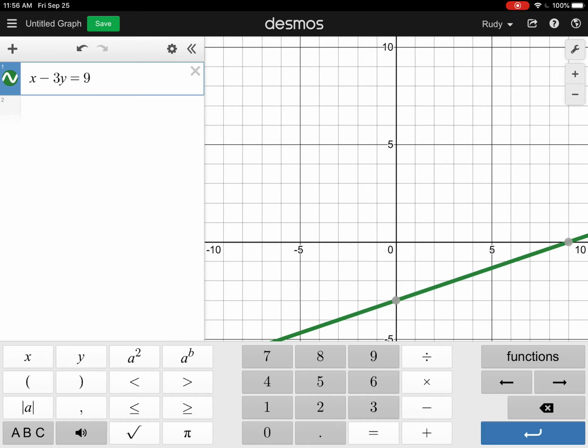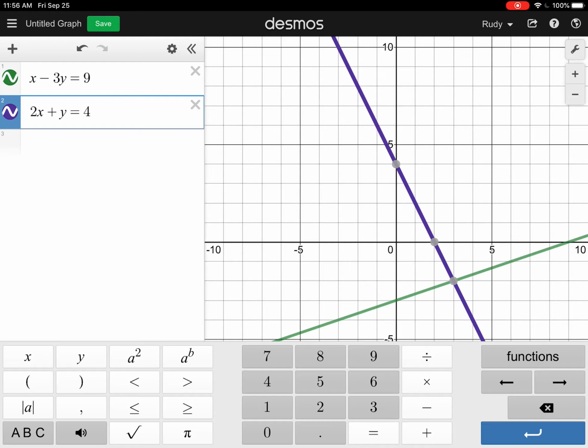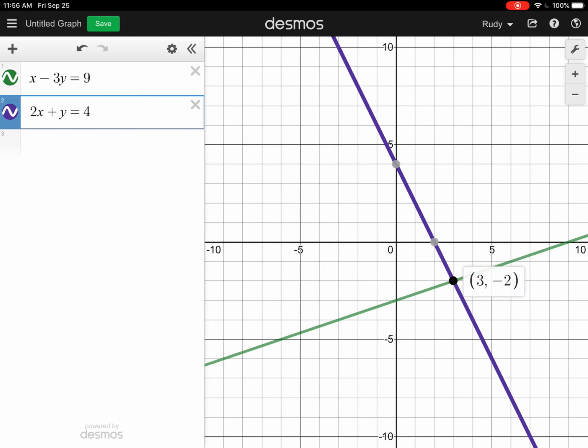So there's the equation I graphed at first. And here's the other equation, 2x plus y equals 4. There's the second equation, tap where they cross, 3, -2. OK, so notice in Desmos, not all graphing programs, but in Desmos, I can type in any equation. It doesn't have to be solved for y, for example.